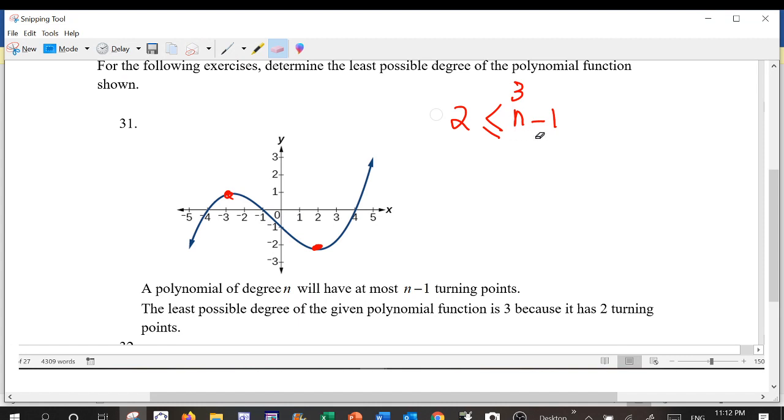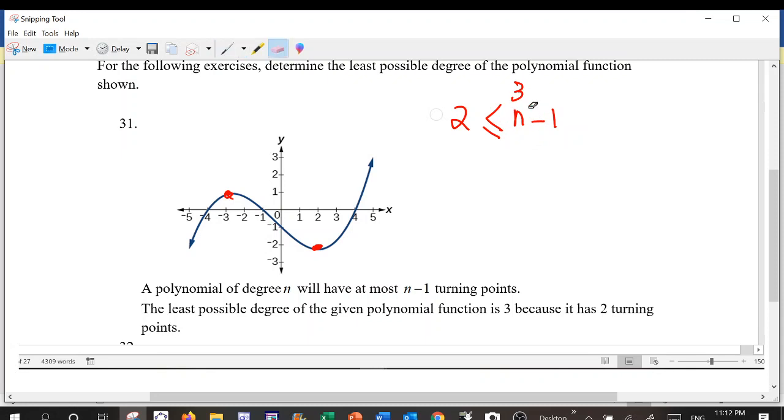If it's 2, 2 minus 1 is 1, and 2 is not less than or equal to 1, right? So the smallest possible degree of this polynomial has to be 3, because it has at most n minus 1 turning points.